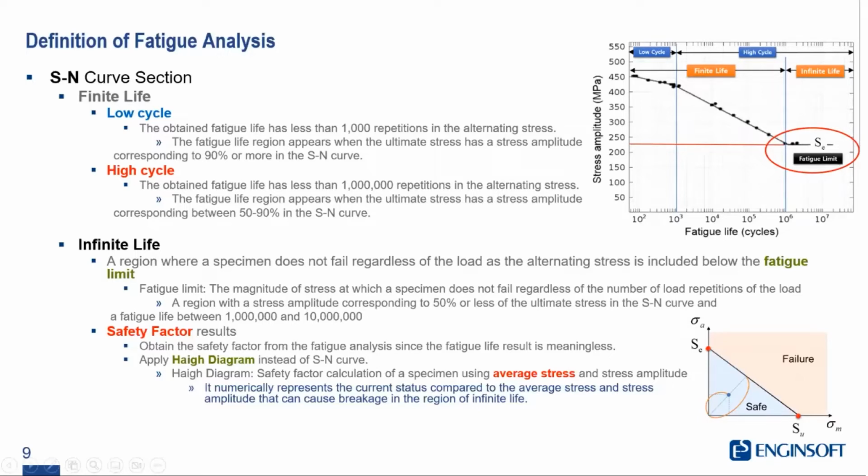It's showing our effective stress here and then the ultimate stress. We have a safe region on this side. If our oscillations are below a certain point and our mean stress is below a certain point, then we're going to be safe. If it's above those, then we're in this failure region. Ultimately what we care about is how far into this safe region we are, and that's going to define our safety factor.